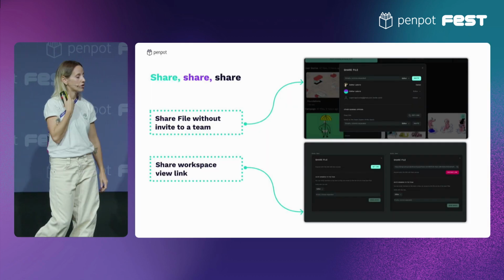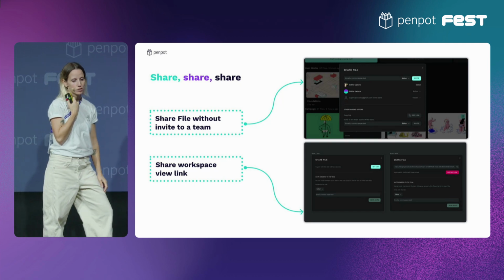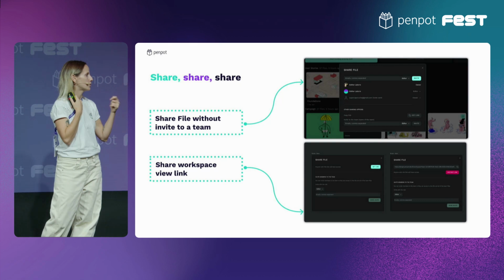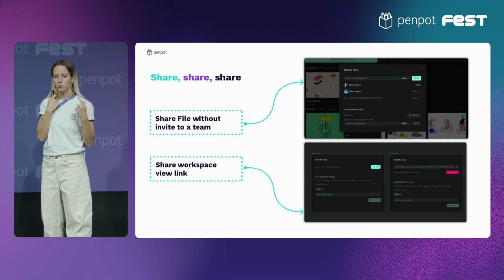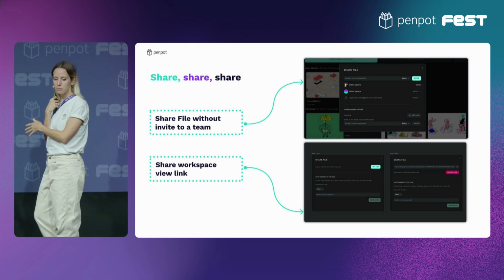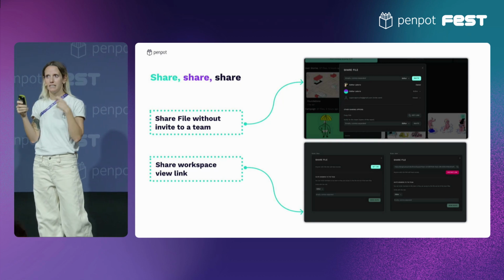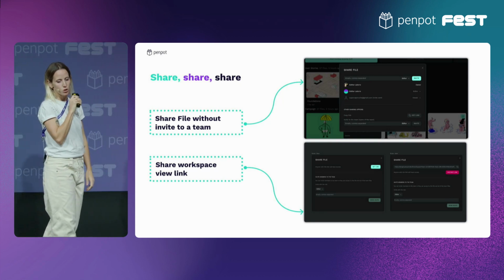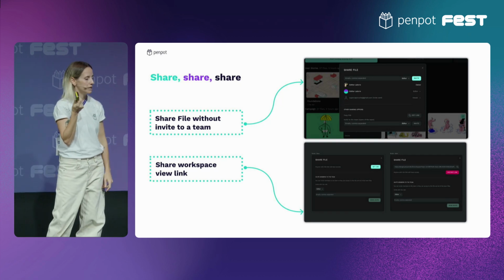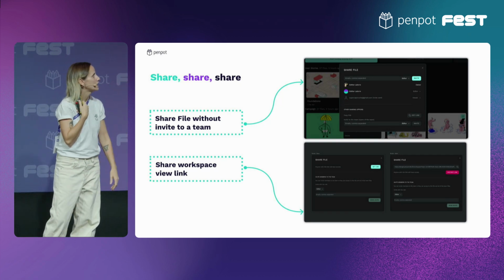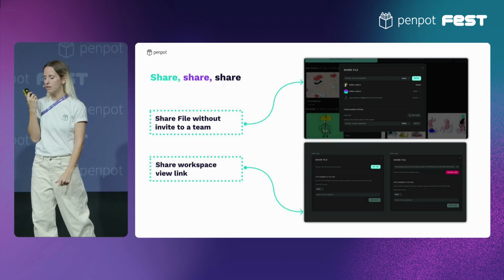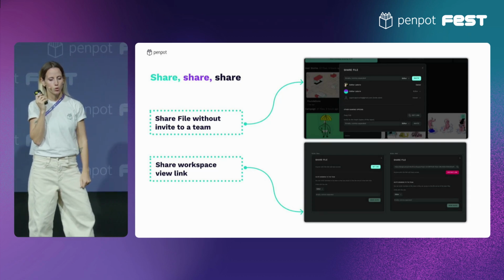And the second one focuses on smoother collaboration. Many users ask us for a way to share their files without inviting people to Penpot teams or needing to change the permissions and so on. So we are now looking at these 2 features: sharing a file without inviting to a team, and also sharing workspace links.